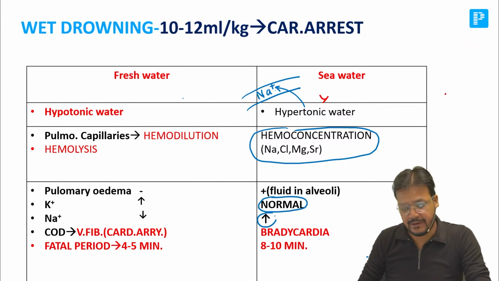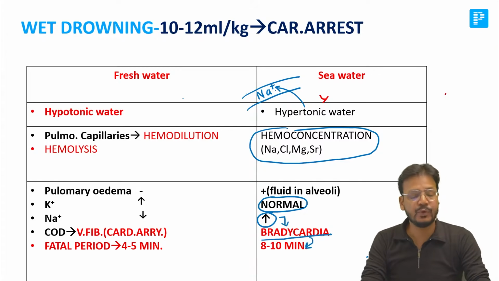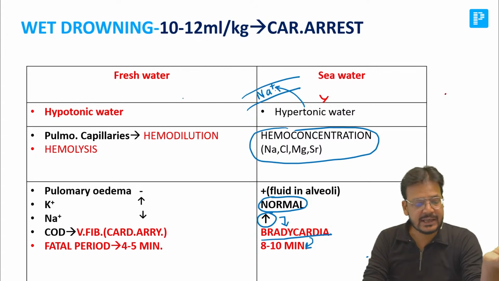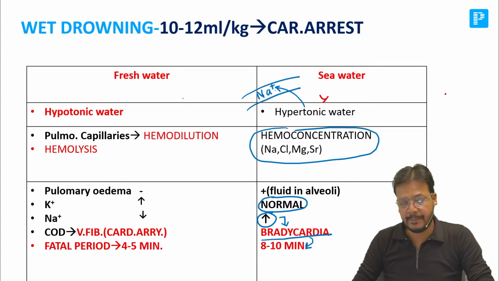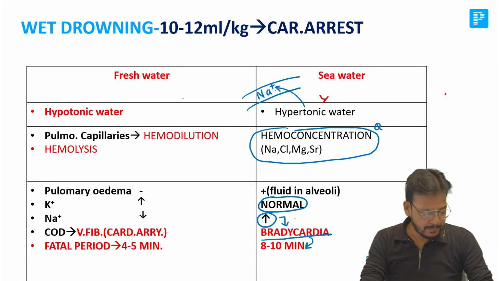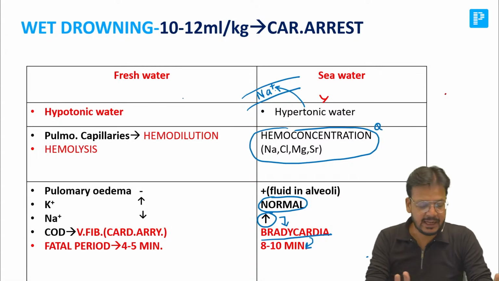It is hypernatremia, and hypernatremia causes bradycardia, and you will die in 8 to 10 minutes. So hypernatremia, hemoconcentration, bradycardia, myocardial anoxia.